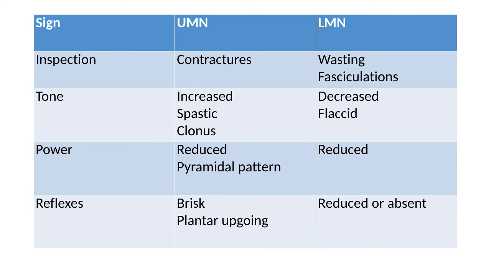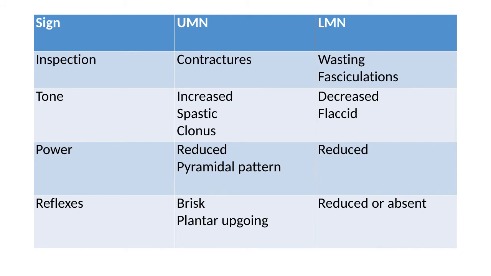Now, when we say upper motor neuron, what we mean is anything from the motor cortex down through the corona radiata and into the internal capsule, through the brainstem and down all the way to the level of the anterior horn.